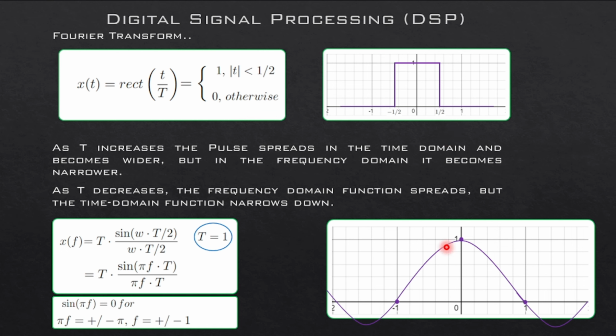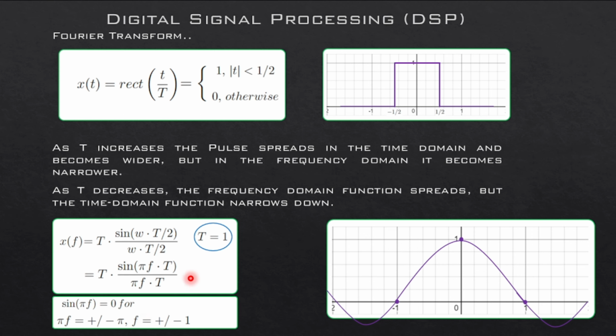So let's plot the wave. You have sinc of f, because, you know, the form of sinc is sin(πx) over πx. So sin(πf) is equal to 0 for what? You have, for πf equal to plus minus π, f equal to plus minus 1.